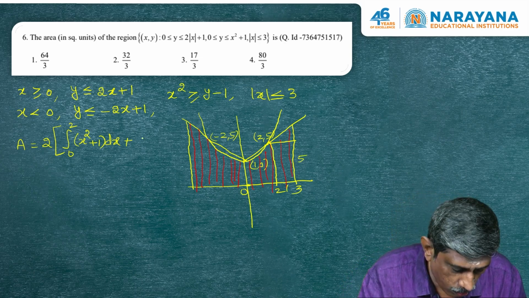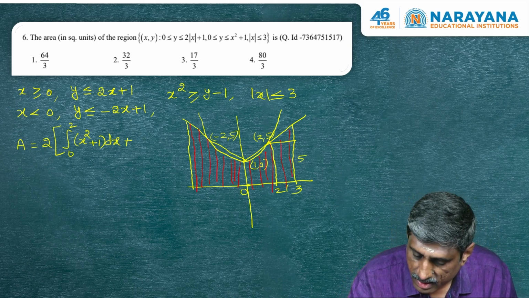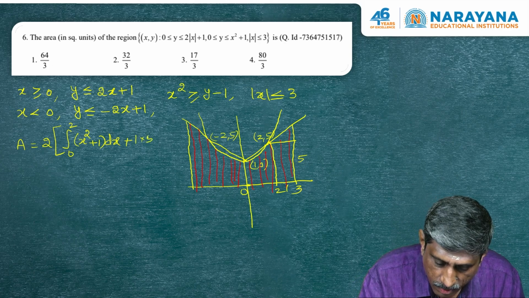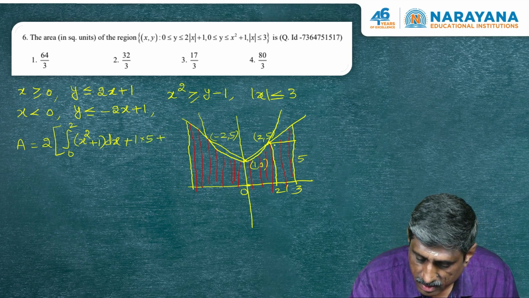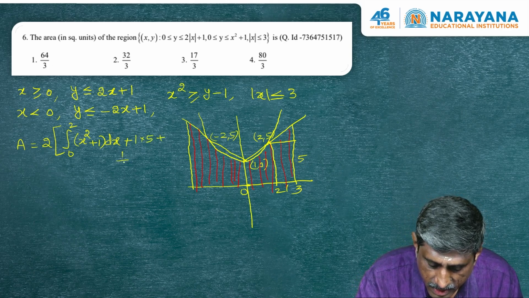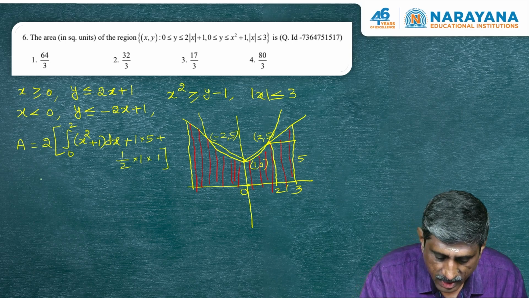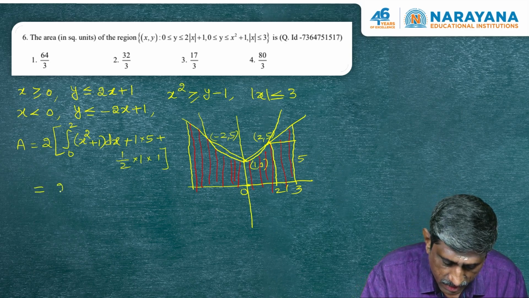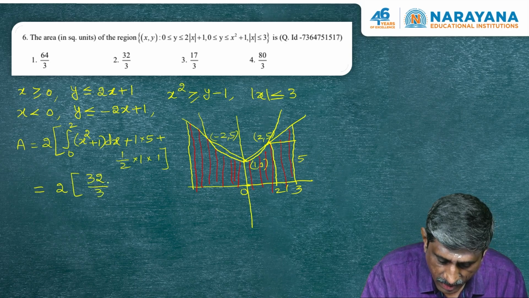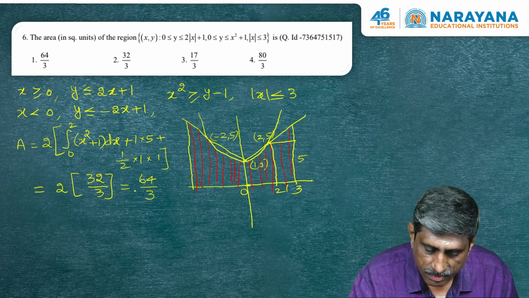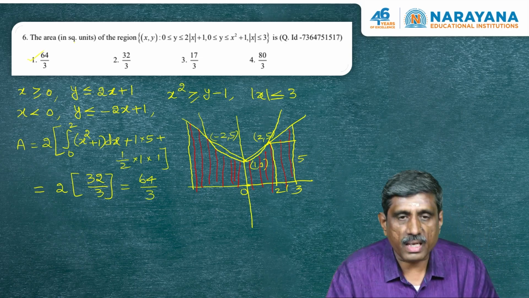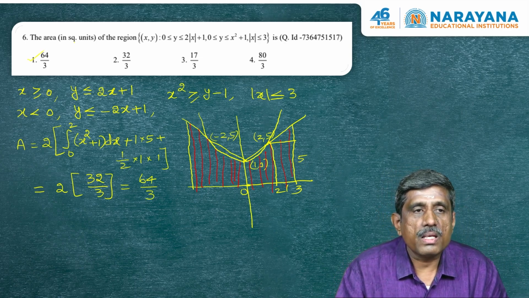So it is 2 times the rectangle area 1 into 5, plus this triangle area, half into base into height, which is also 1, because this height is 1. When we simplify, we are getting 2 times 32 divided by 3, which is 64 divided by 3, the required answer. So the first option is the correct answer directly. This is question number 6.